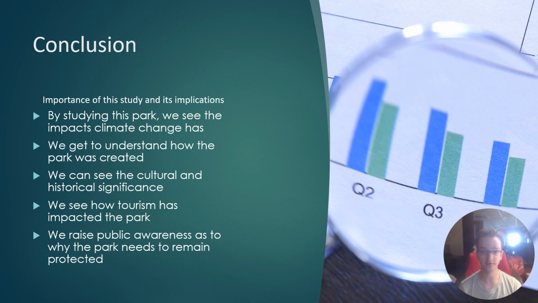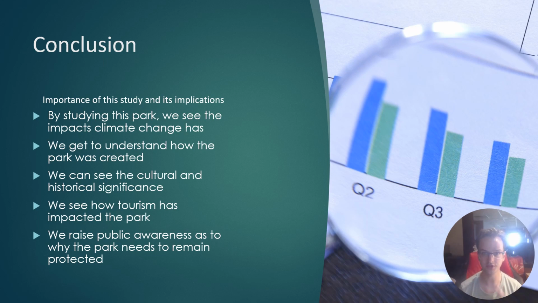The importance of this as well is that we got to understand what created Glacier National Park, which we can see with the Lewis and Clark fault line, as well as the 1.6 billion year old sedimentary rock. It really allows us to get a better understanding of how Glacier National Park was developed and created.